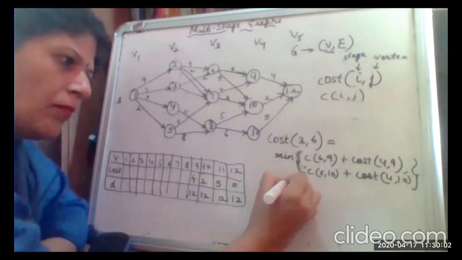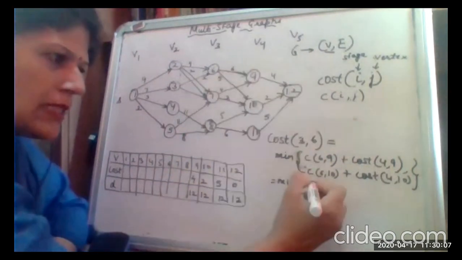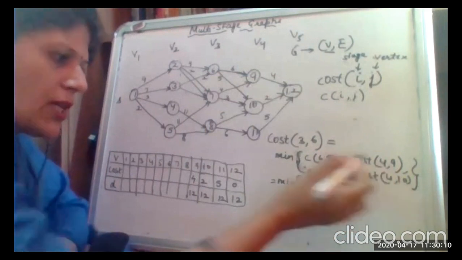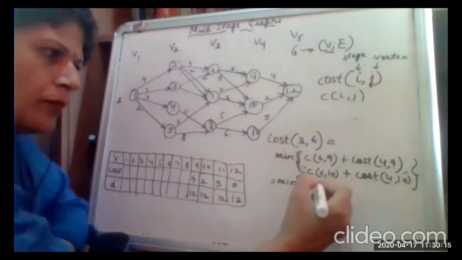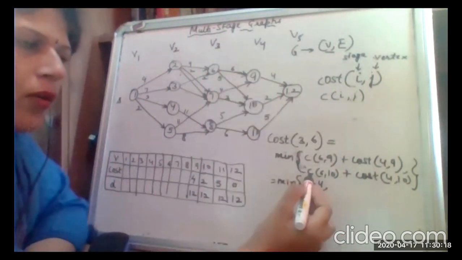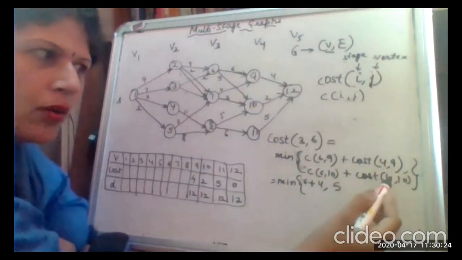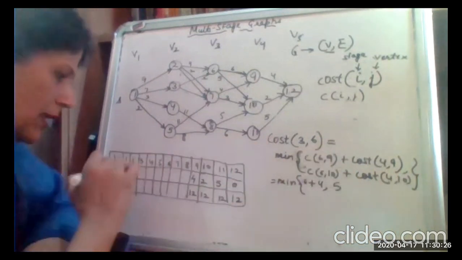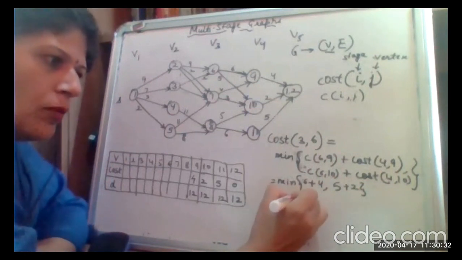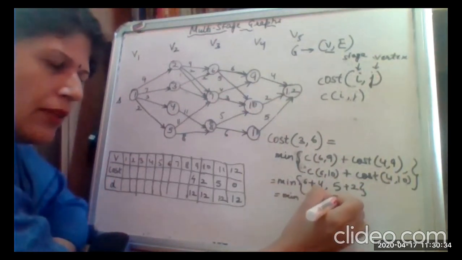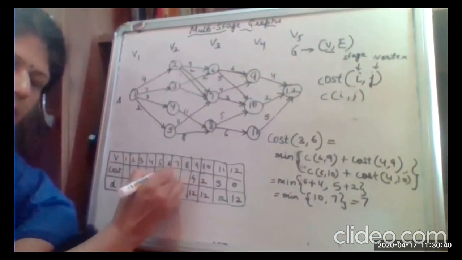So this will be the minimum of: the cost of the edge 6 to 9 is 6 plus the cost at the 9th vertex is 4. Cost of 6 to 10 is 5. Cost of the stage 4 10th vertex is 2. So this is equal to the minimum of 10 and 7, which I get equal to 7. So that means the cost that I get here is 7.